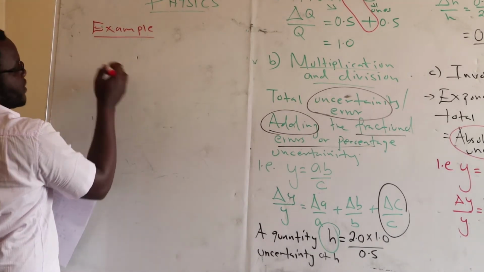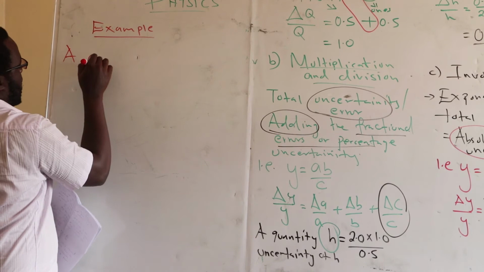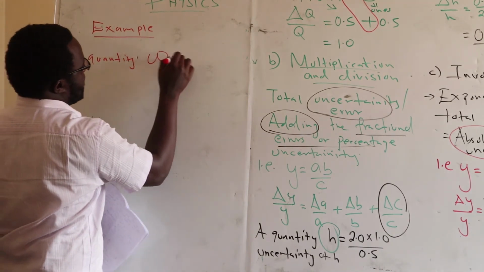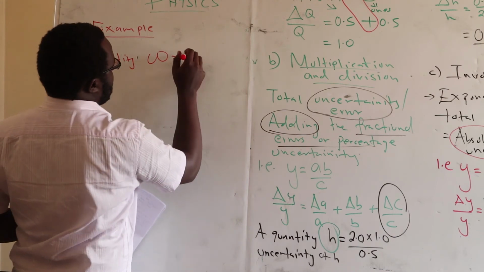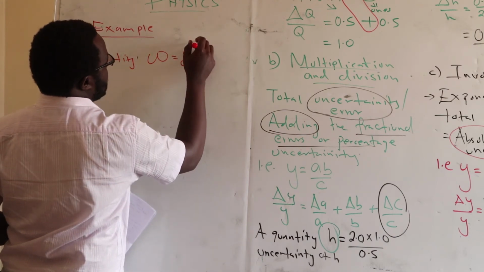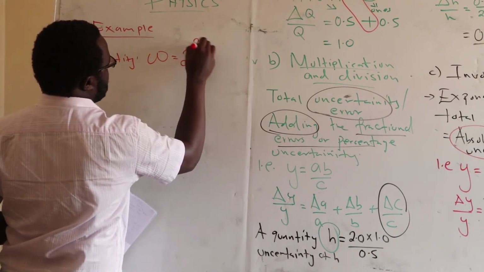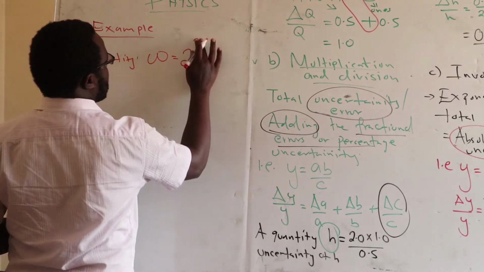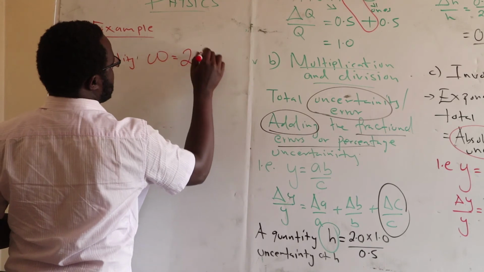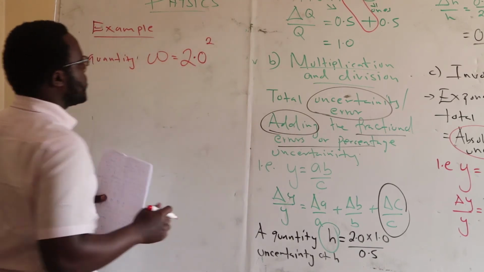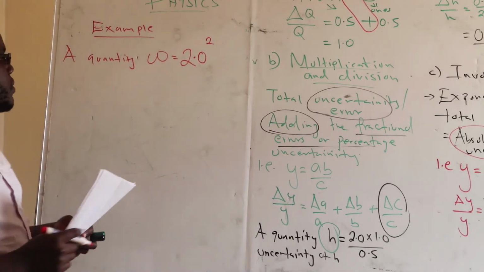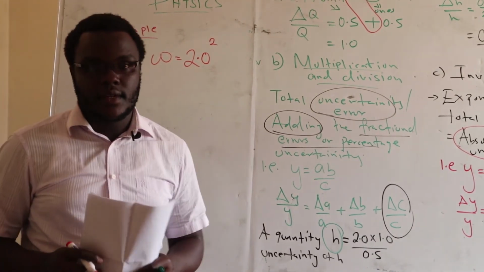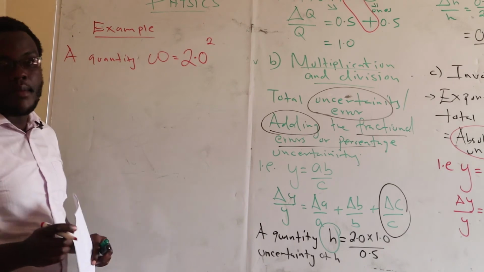A quantity W is given by 2 raised to power 2, or you can even have it as 2.0 raised to power 2. Calculate the total uncertainty of W.